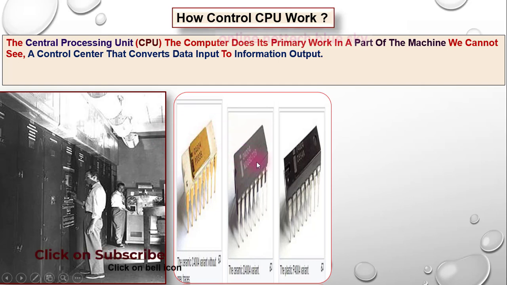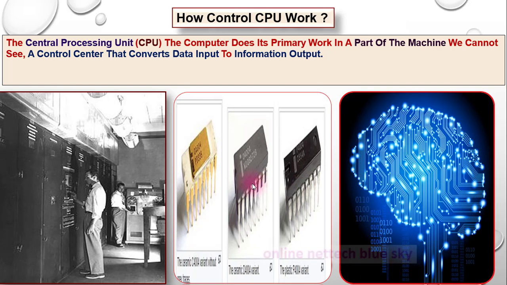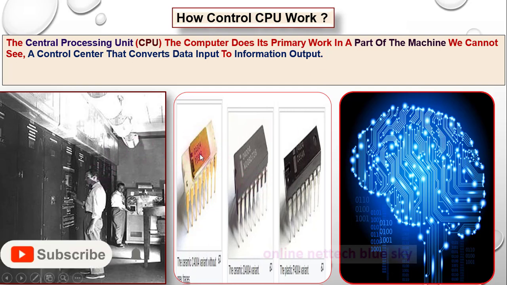After that, the Intel company created a second model with some changes, the ceramic D4004 variant. After that came the plastic variant, the P4004. So Intel created three types. The second important thing is that they created binary code.